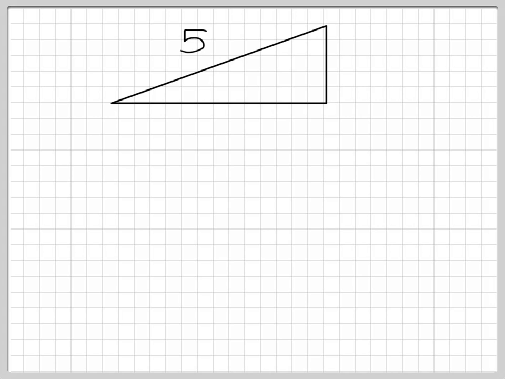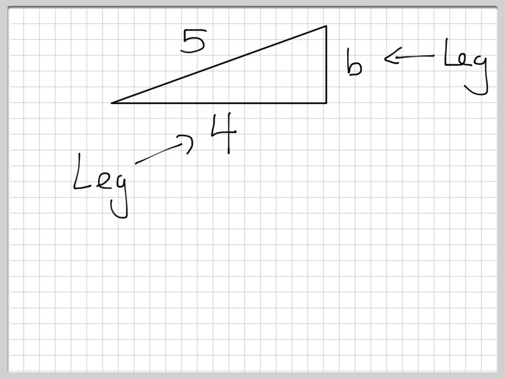So let's try another right triangle. Suppose I told you the hypotenuse had length 5, this was 4, and this was unknown. First step, identify the legs and the hypotenuse.